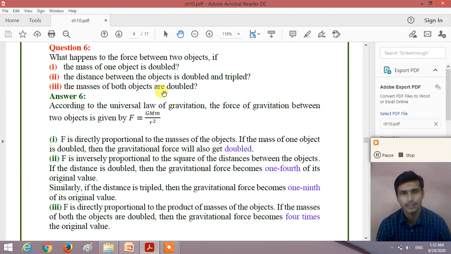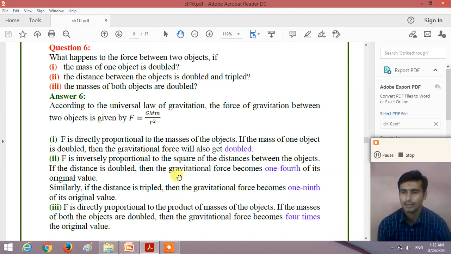If the distance between the two objects is doubled, the gravitational force is one fourth of its original value, because instead of r we place 2r, and 2 squared is 4, giving 1 by 4. If the distance is tripled, the gravitational force becomes 1/9 of its original value.